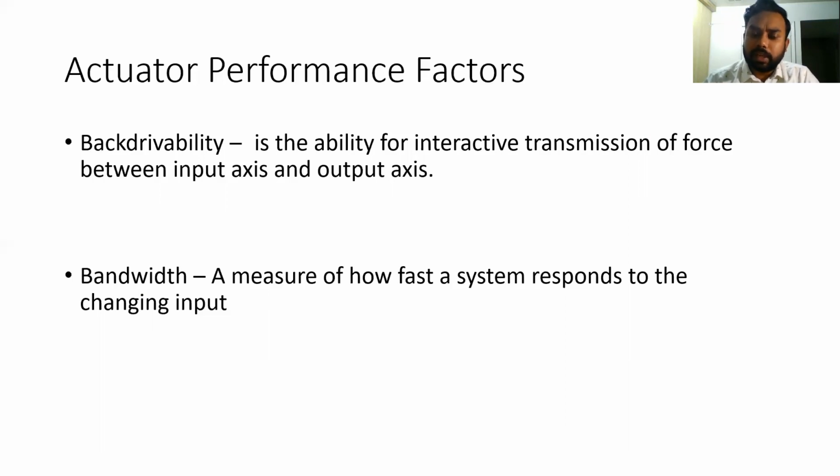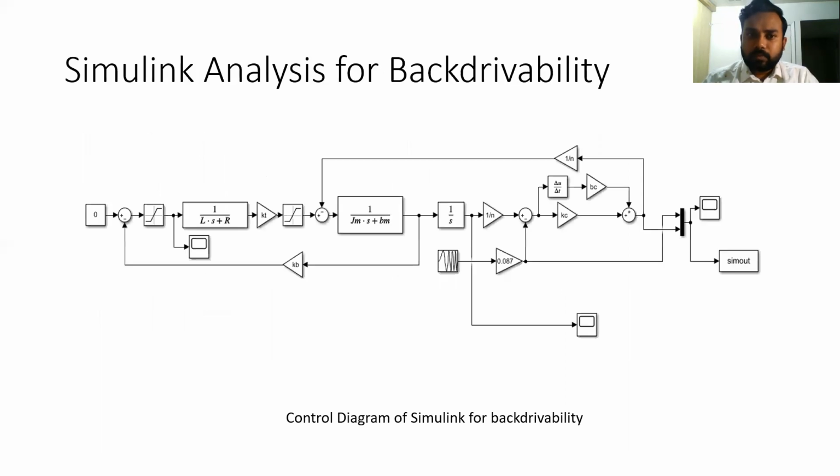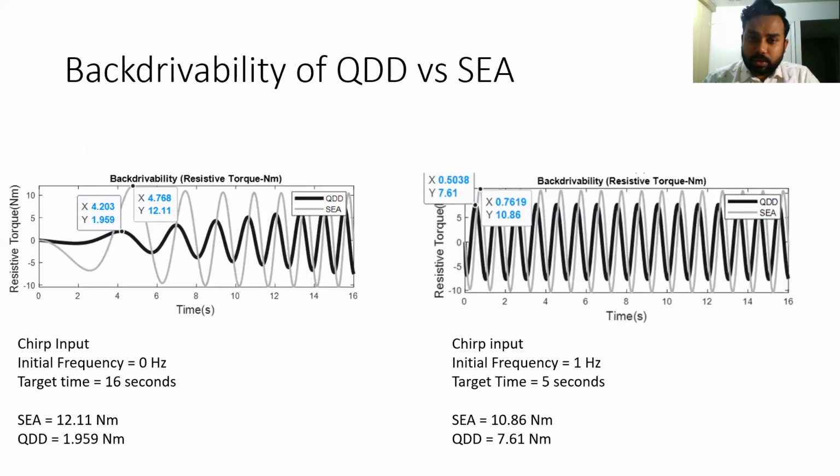So I used Simulink to analyze the difference between QDD and SEA. This is the control diagram of Simulink for backdriveability. And over here, we can see two different graphs.